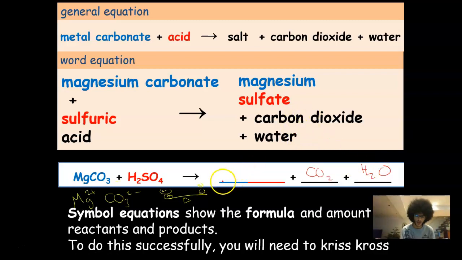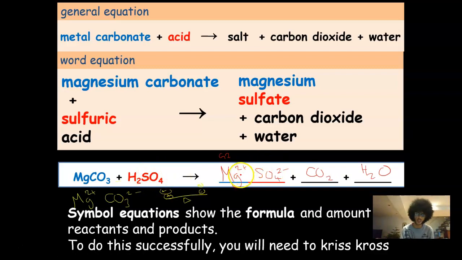I've got magnesium, and because it's in group 2, I know it's got to be 2+. The sulfate ion is SO4 2-. One way of remembering it is by looking at the formula H2SO4 and thinking, if I've got 2 hydrogens and each one is 1+, that means in total the hydrogens are 2+, therefore my sulfate ion, the SO4, has to be 2-.